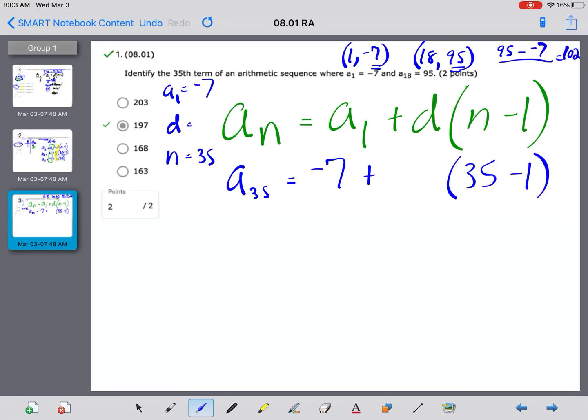That's 102 degrees difference. And maybe that happened. Maybe this is number of days. I'm just making something up. Maybe the 1 and the 18 is the number of days. So that would happen over 17 days. And so our rate per day, our change per day in degrees is 6. So d equals 6.